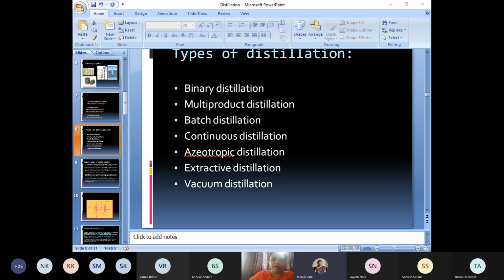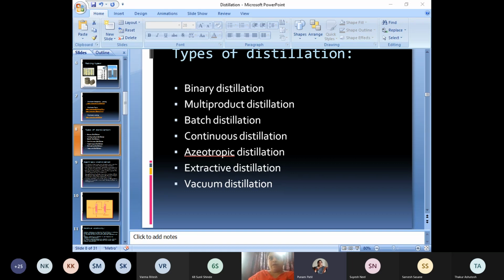For example, if the feed contains A 60% and B 40%, when it passes through the distillation, vapor is there as well as liquid, right? So the vapor may be 60% A, 40% B, and the liquid may be 60% A, 40% B. That is, the top vapor as well as the bottom liquid contain the same proportion of the components. So you cannot separate that through normal distillation.